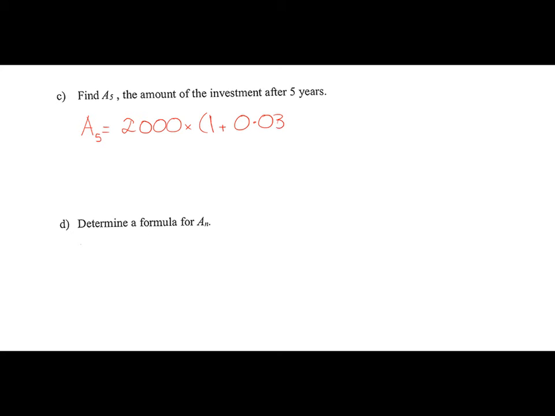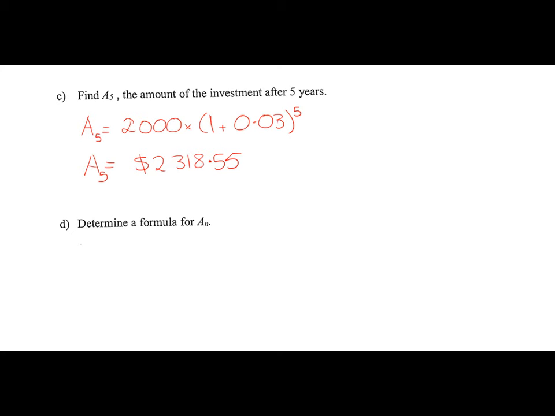This time though, the difference is that it's for 5 years, so the number of time periods is 5. Put that into a calculator. It won't say this exactly. What we have to remember is we're using some money. So it's going to be $2,318. And when we round, you'll find it comes to 55 cents. So don't forget, money is always 2 decimal places.